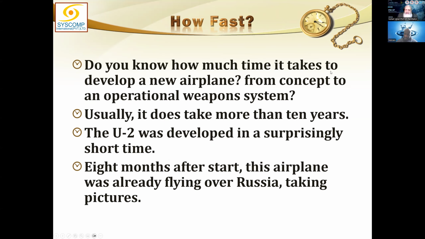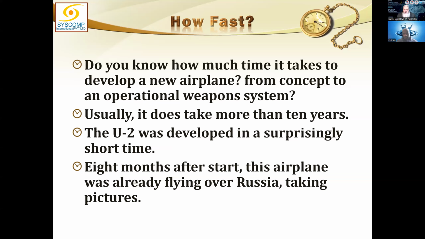Do you know how much time it takes to develop a new airplane from concept to an operational weapon system? Ten years, or maybe sometimes decades. It is a very complex ordeal, right? But the question is, it does take more than 10 years.